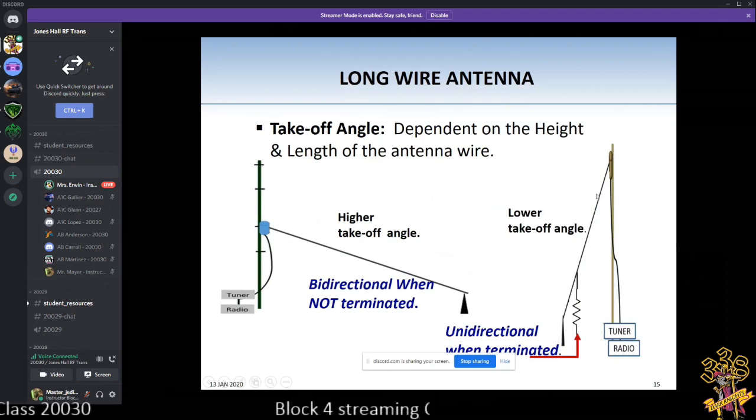You can see the angle changed. Okay. Now, a long wire antenna, if it is not terminated, is bidirectional. If you add a terminating resistor to it, it becomes more unidirectional in that direction of the termination.